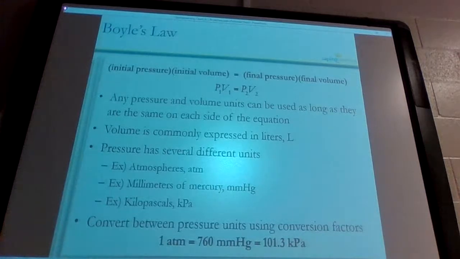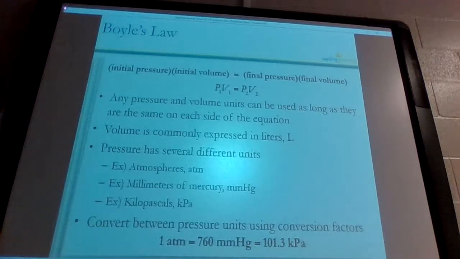So if I have, let me erase this, if I have, let's say 2.3 atmospheres, and they want me to turn it into millimeters mercury, I'm just going to make a ratio with atmospheres on the bottom and millimeters mercury on the top. So I end up with 760 millimeters mercury over 1 atmosphere. And that's going to be my conversion factor.